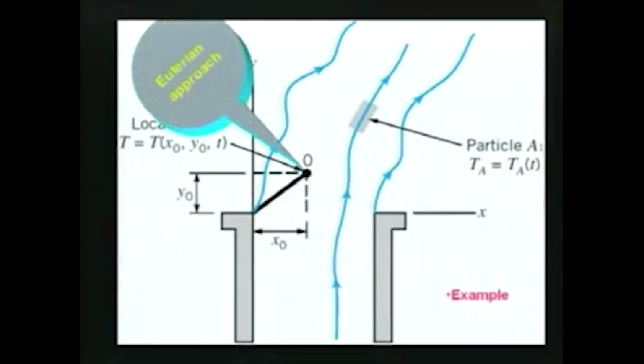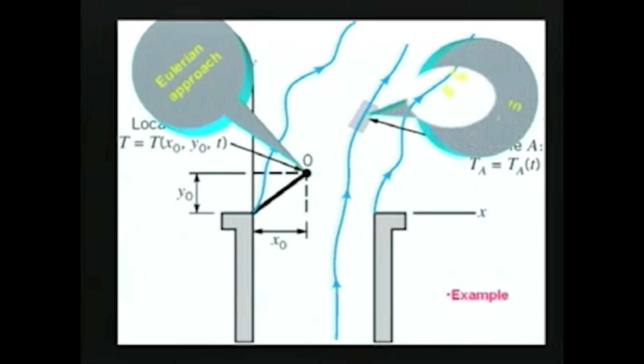Finally, this slide shows how the Eulerian approach and Lagrangian approach are used as far as fluid flow analysis is concerned. You can see the fluid is moving through a channel like this.